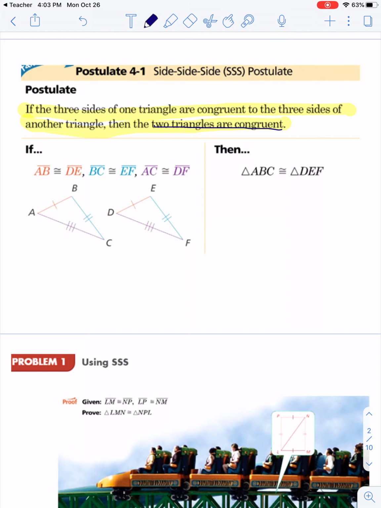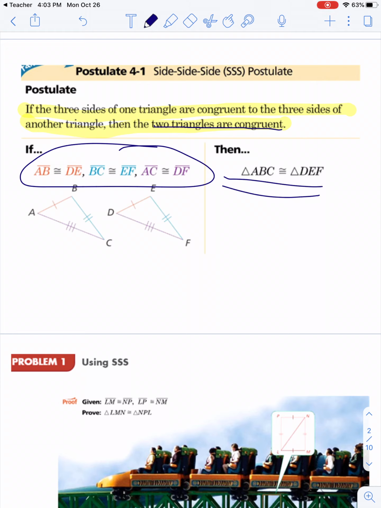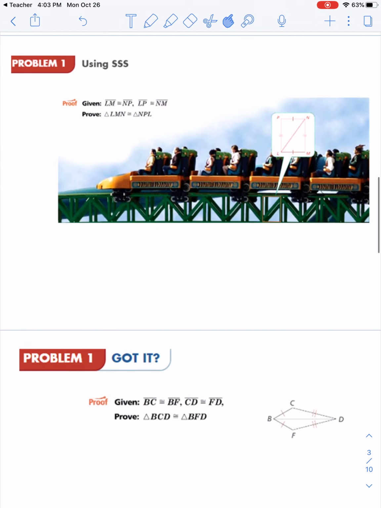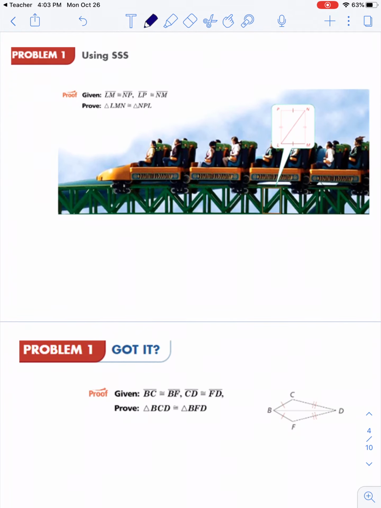So if AB is congruent to DE, and segment BC is congruent to segment EF, and segment AC is congruent to DF, those guys right there, then that's enough to say these 2 triangles are congruent. So using side, side, side, given LM is congruent to NP, now you're looking at your picture, it's this guy right here, so if you need to blow it up, blow it up.